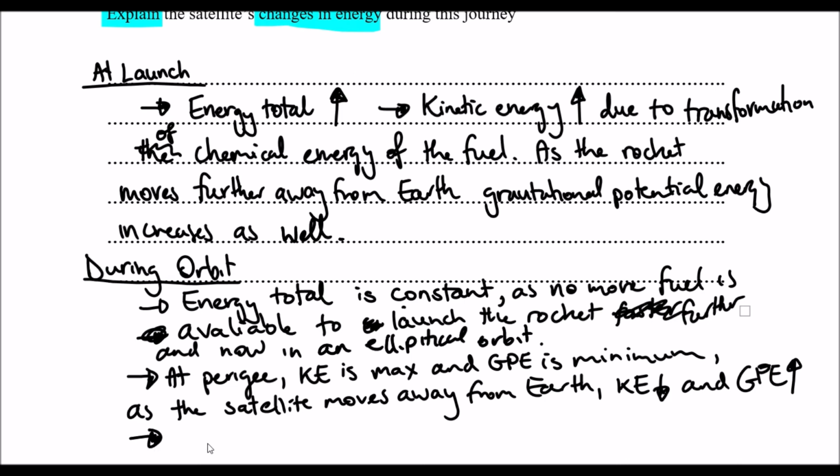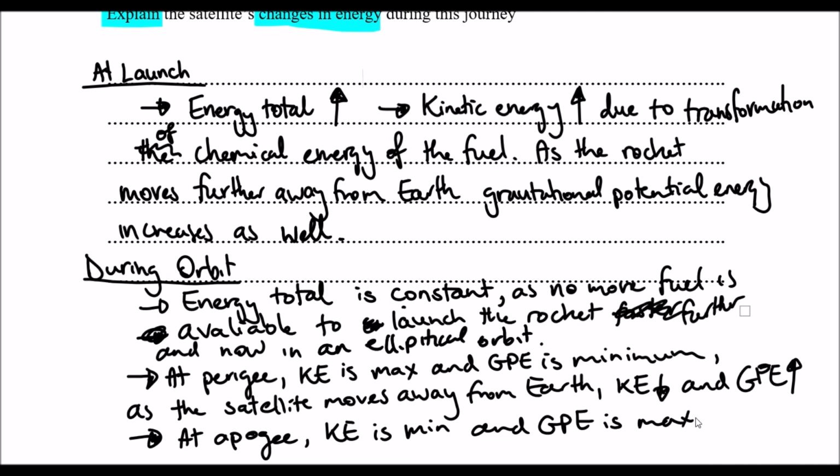And what we'll find is at the apogee, kinetic energy is at its minimum point and gravitational potential is at its maximum. Okay, so that's what we have there.